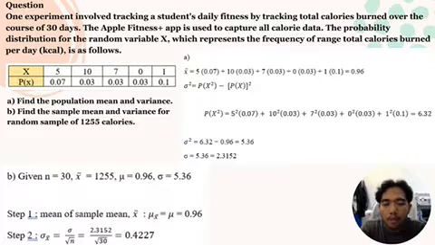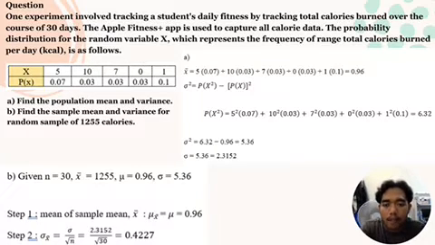From the table, we know that x is the frequency, which is 5, 10, 7, 0, and 1. The probability of x is 0.07, 0.03, 0.03, 0.03, and 0.1.